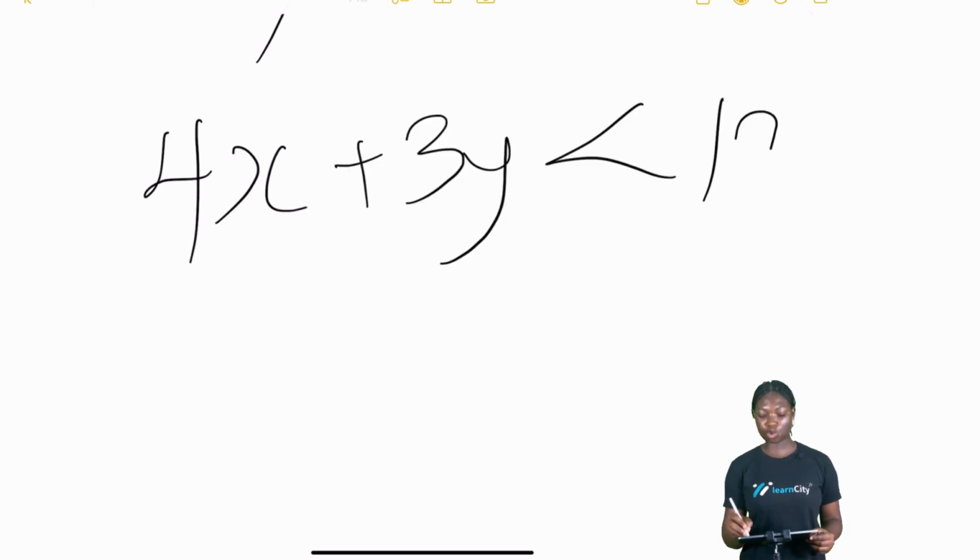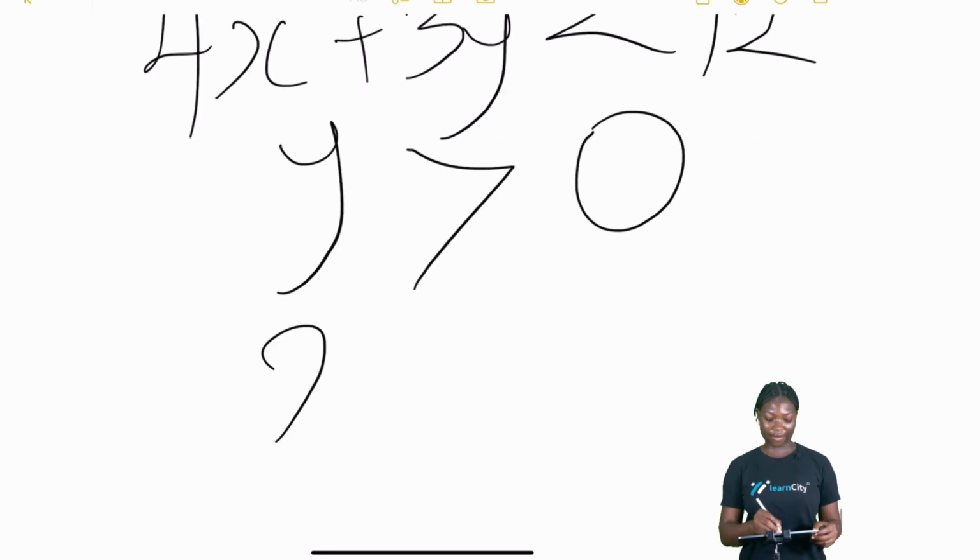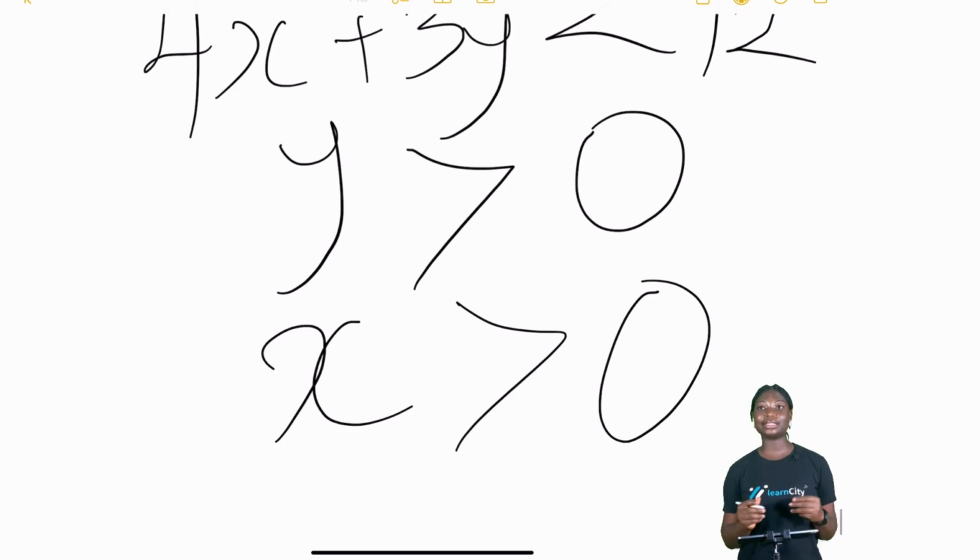And now our second example is: solve graphically the simultaneous inequalities 4x plus 3y less than 12, y greater than 0, x greater than 0, for integral values of x and y. So we have 4x plus 3y less than 12, y greater than 0, and x greater than 0.